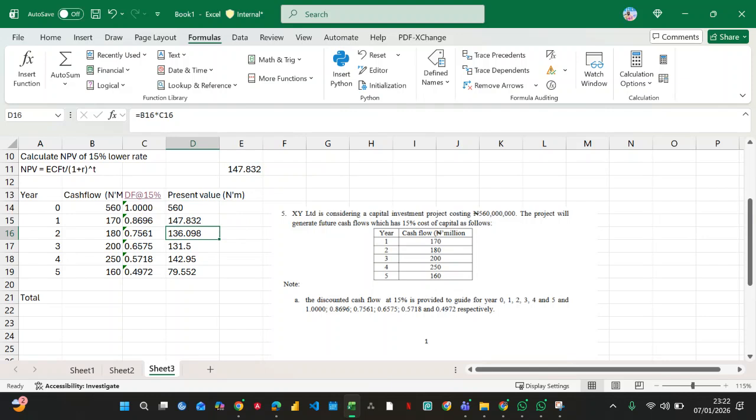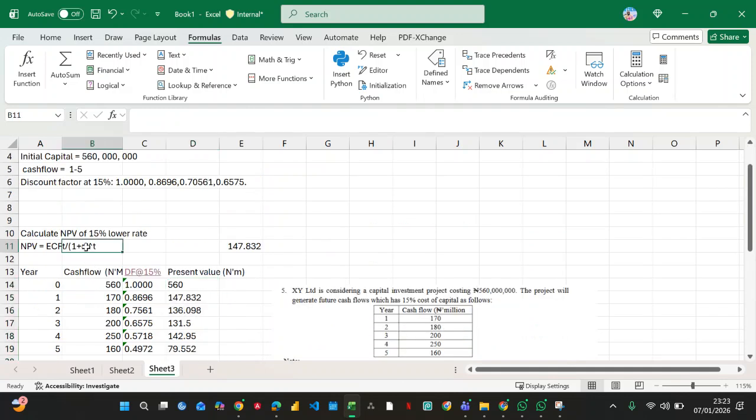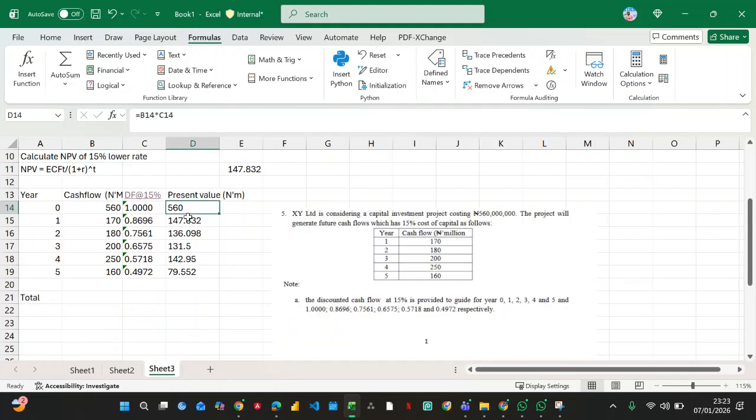If you add up these things now, what do you get? You have one, two, three, four, five. 4782. Are we adding the 560 million together? No, we're supposed to add everything here. So we are adding it together now, see?